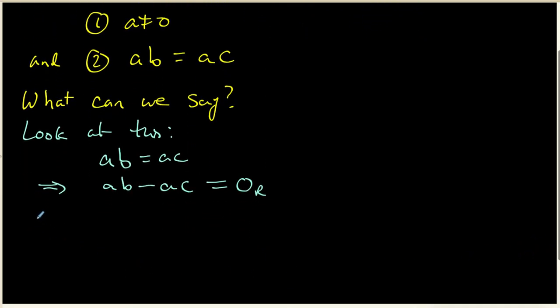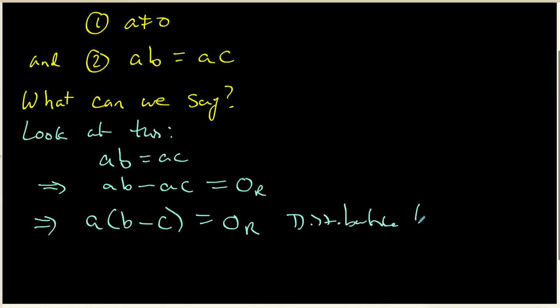Now, we can always factor out that A, since it's on the front side of both terms, and write this as A times (B minus C) is equal to 0R. This is by the distributive law. Now, what I want to do at this point is remember R has no zero divisors.